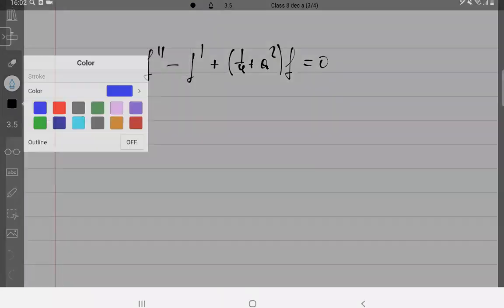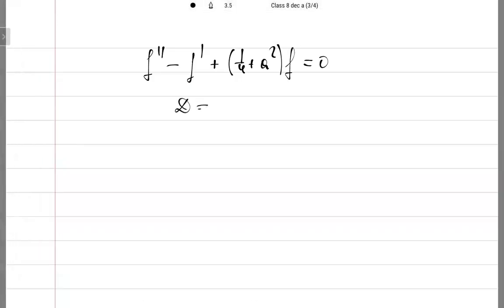Okay, how do we solve it? We have a D that is equal to 1 squared minus 4 times 1 over 4 plus a squared. Yes, and we have minus a squared. So when the determinant is negative, what is the form of solutions of ordinary differential equations?